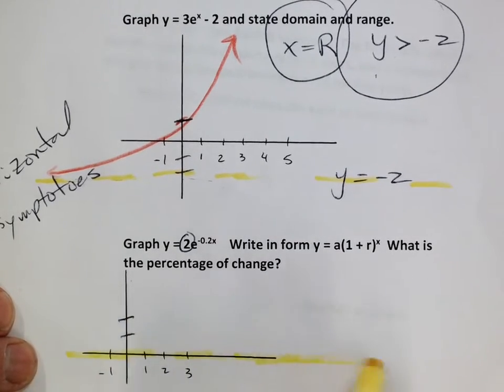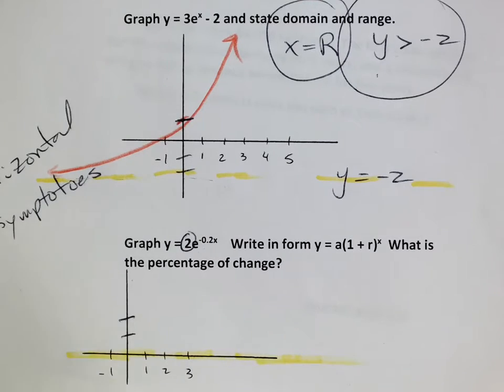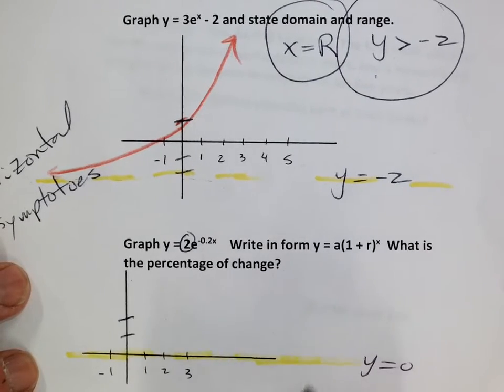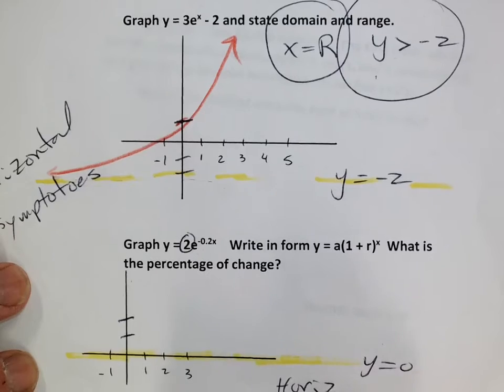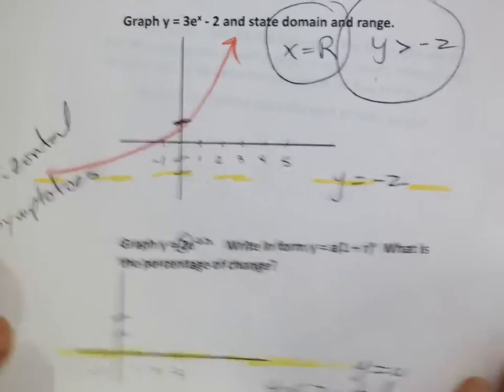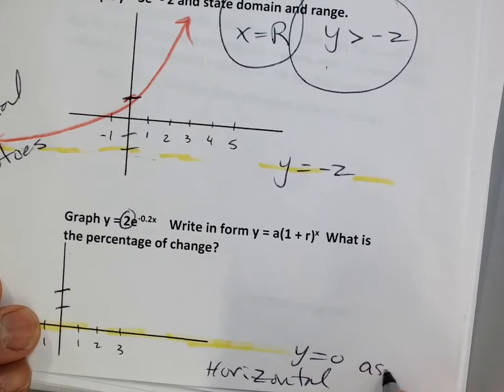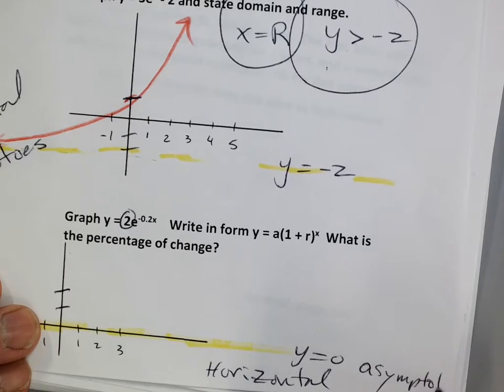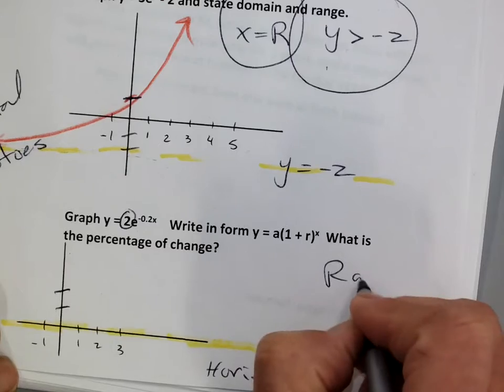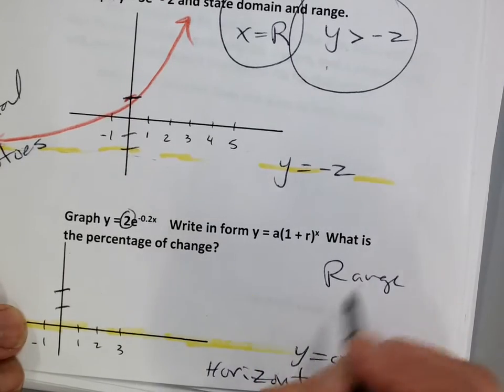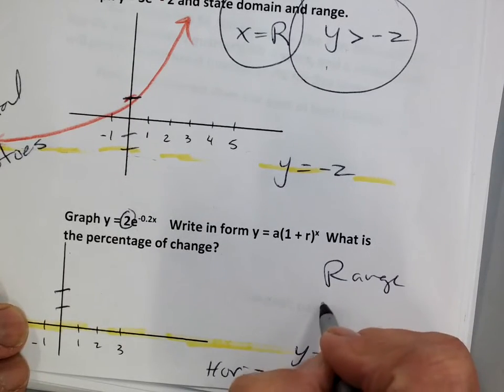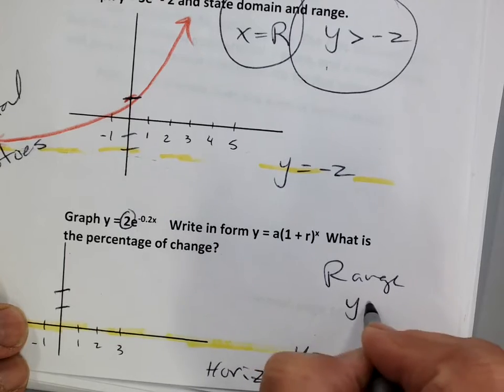So here's my horizontal asymptote at y equals 0. So my range is going to be y is greater than 0.